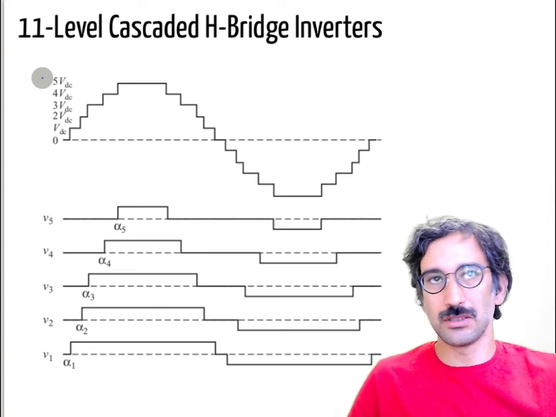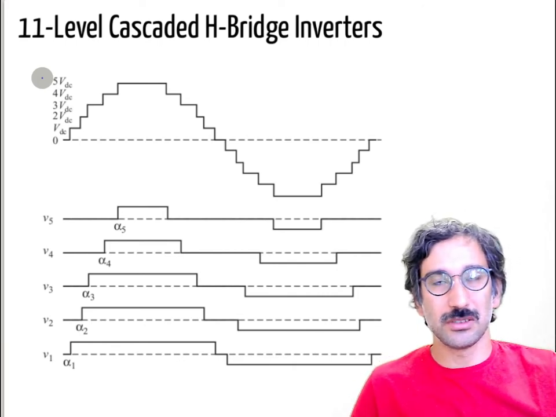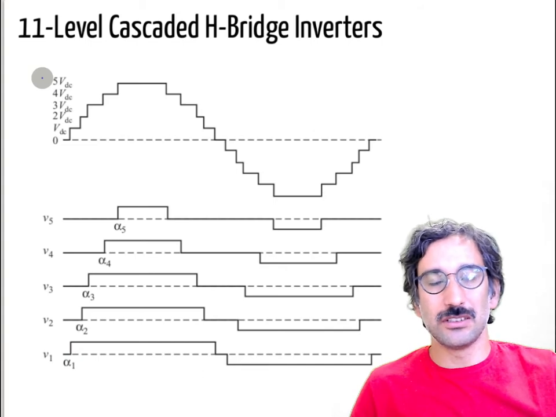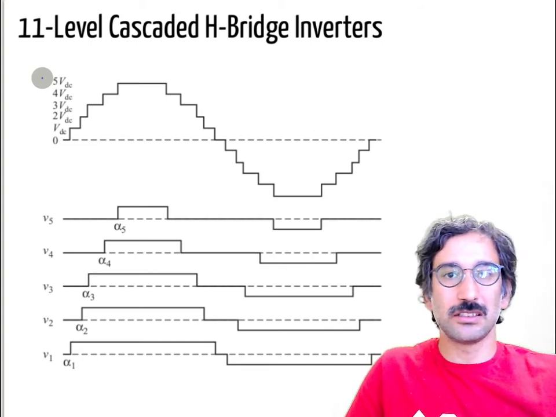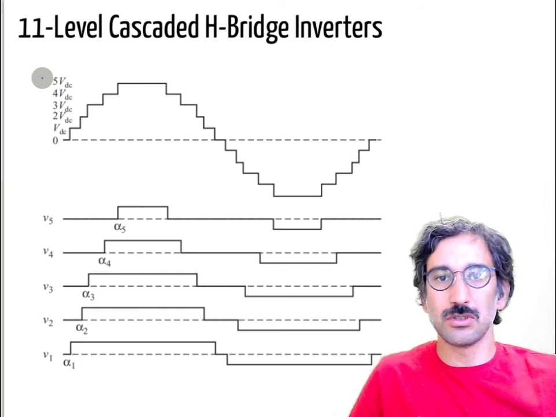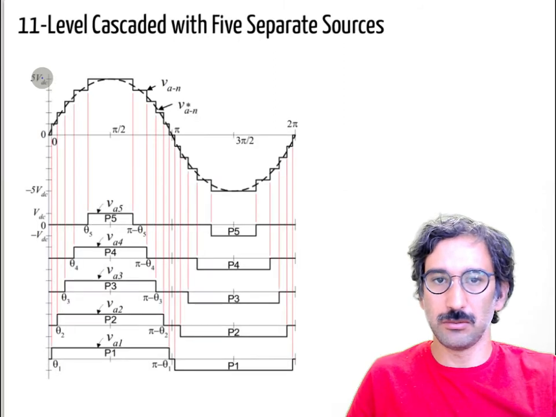Because even if you have 2000 or 3000 volt rated switches, if you want to generate tens or hundreds of thousands of volts, you need to use that kind of multi-level topologies.